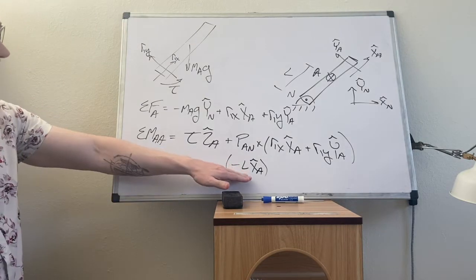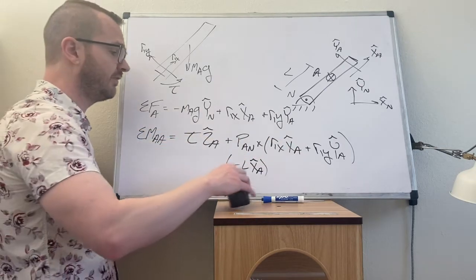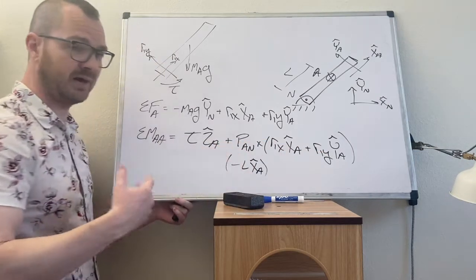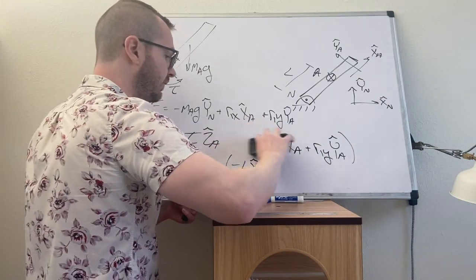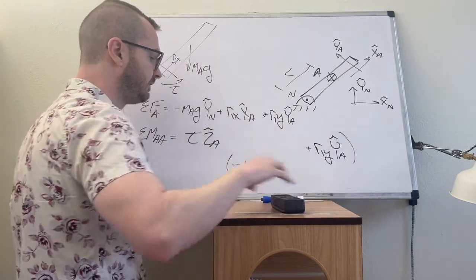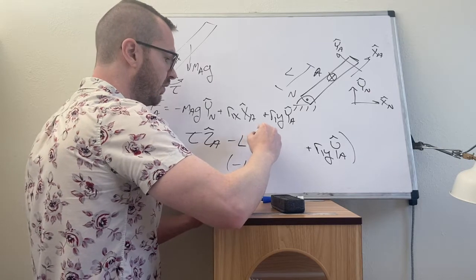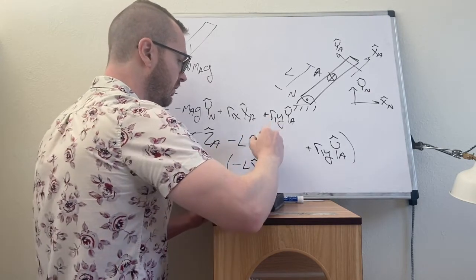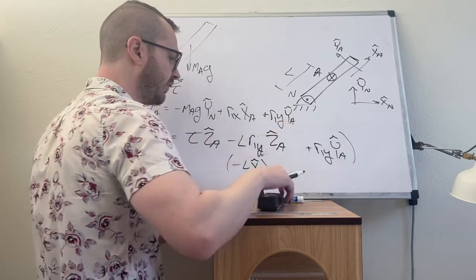As it is, X hat A cross X hat A is 0, and what we're left with is XA cross YA yields positive Z. There's a negative in front, so this becomes negative L R1Y in the ZA direction.